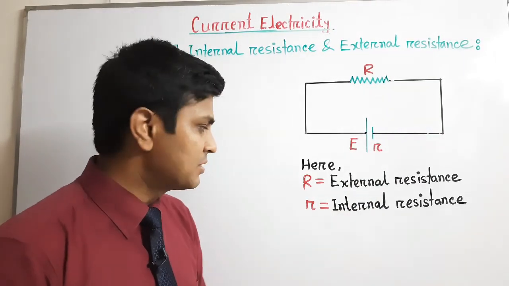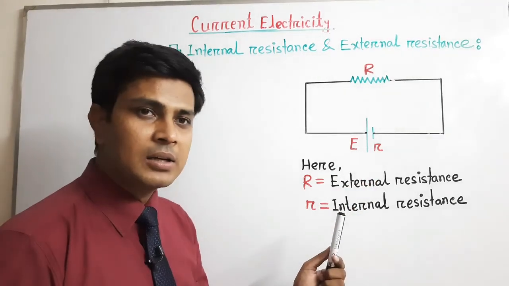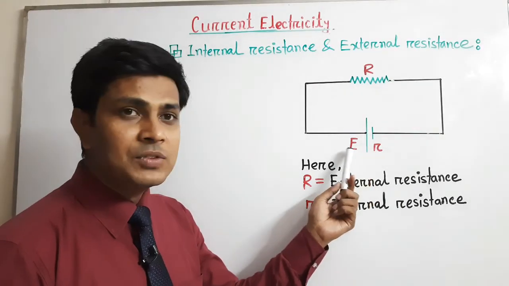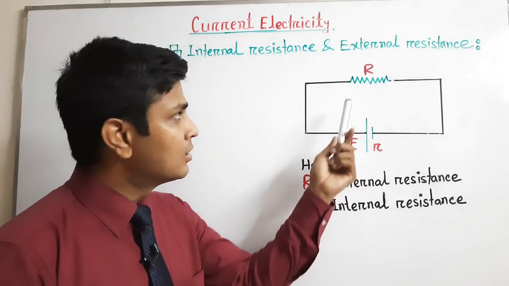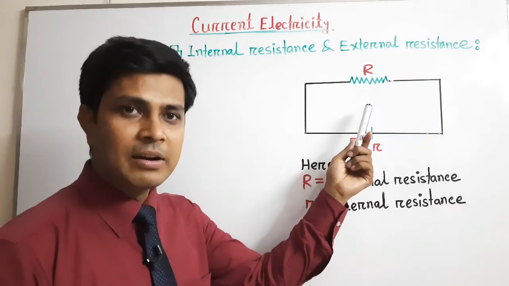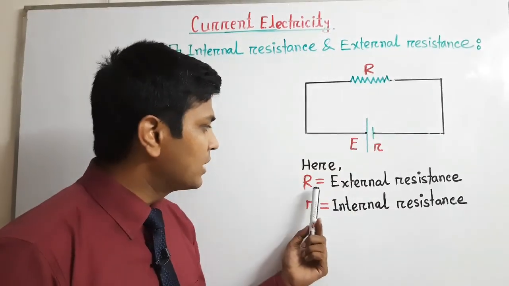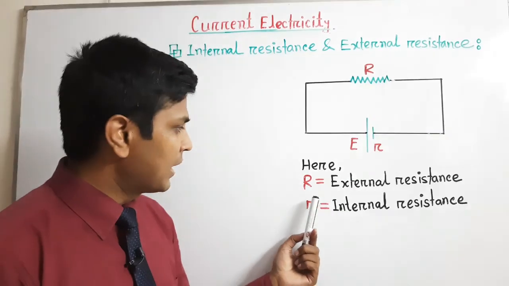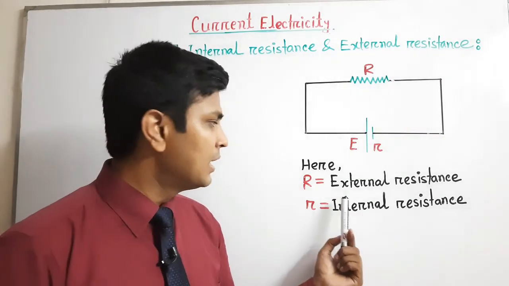Internal resistance is represented by small letter r. And outside of the cell, all the obstacles or all the resistance which resist the flow of current, that resistance is known as external resistance, and external resistance is represented by capital letter R.